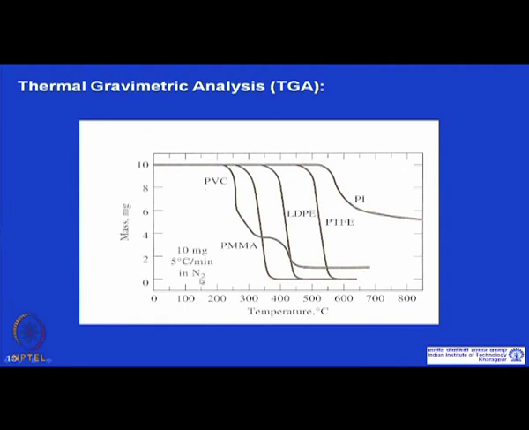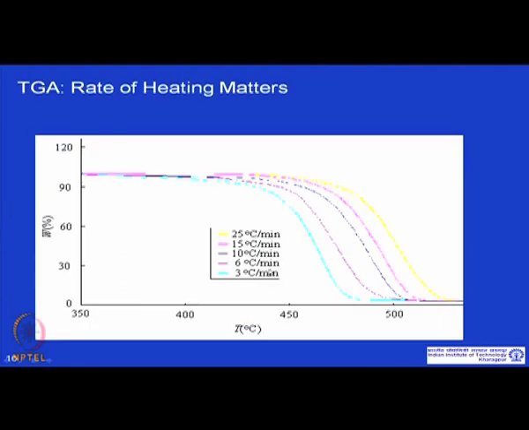Obviously, it also depends on how fast you are heating. With slower heating, you will see the decomposition at a lower temperature, whereas faster heating will shift it to a higher temperature. Basically, if you are heating at a much faster rate, the polymer cannot follow the heating profile.